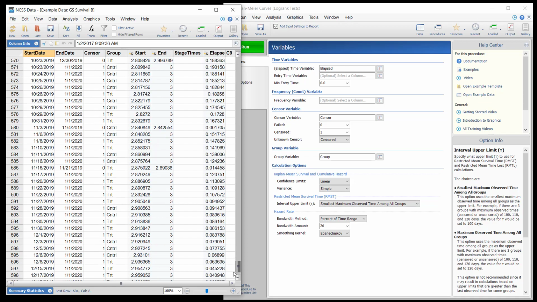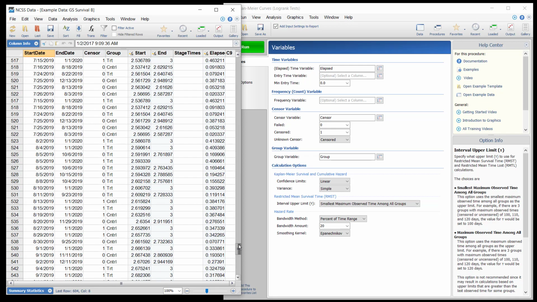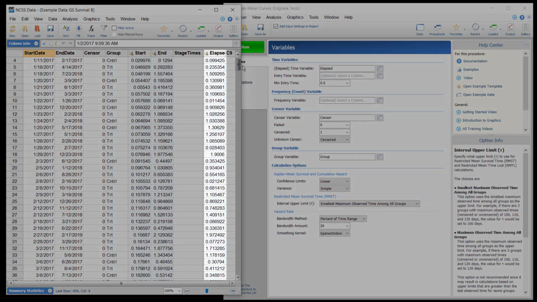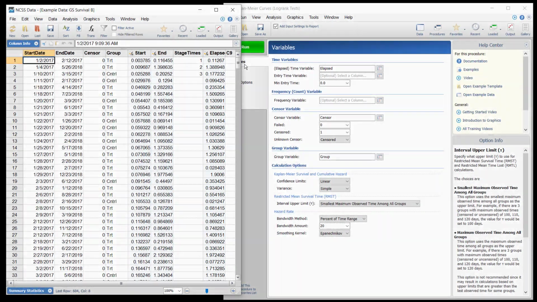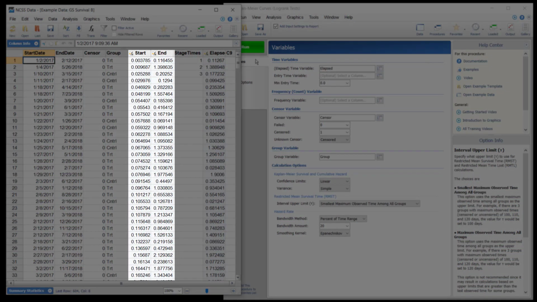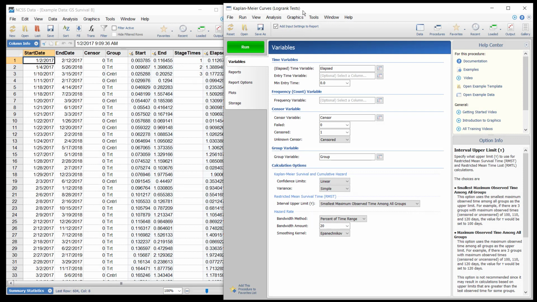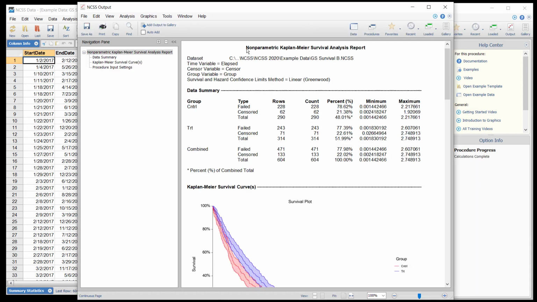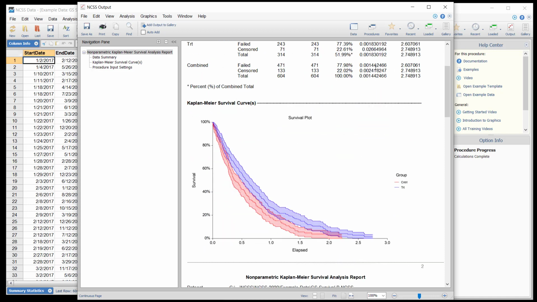Blank end times must be filled in with the current stage time, and an elapsed time column should be created by subtracting start times from end times. When these steps are taken, the Kaplan-Meier curves log rank test procedure can be run to generate a Kaplan-Meier survival curve.